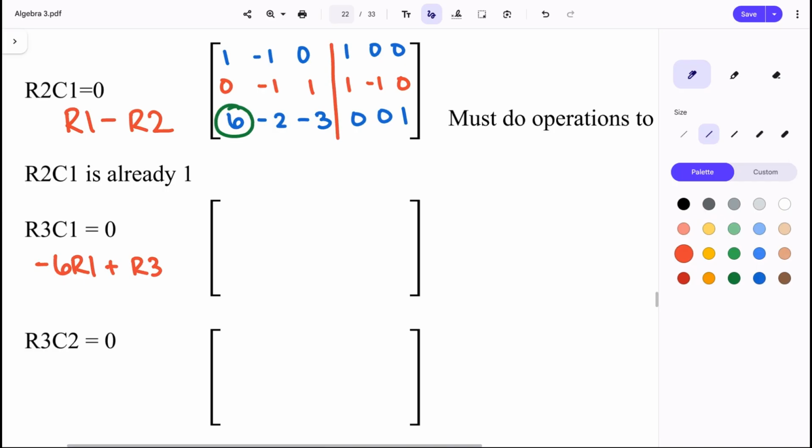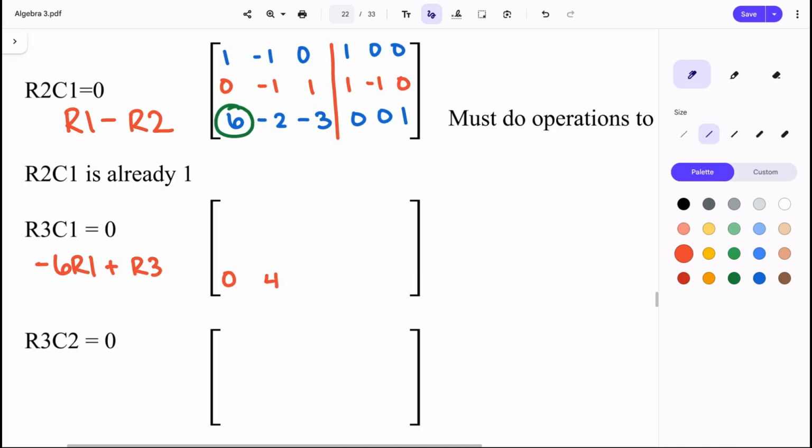So again, row 1 is not the thing that's being changed. It's row 3. So I'm going to rewrite row 3 here. If I take -6 times 1, that's -6. Plus the 6 would be a 0. What would be my next element? It'd be 6 plus -2.